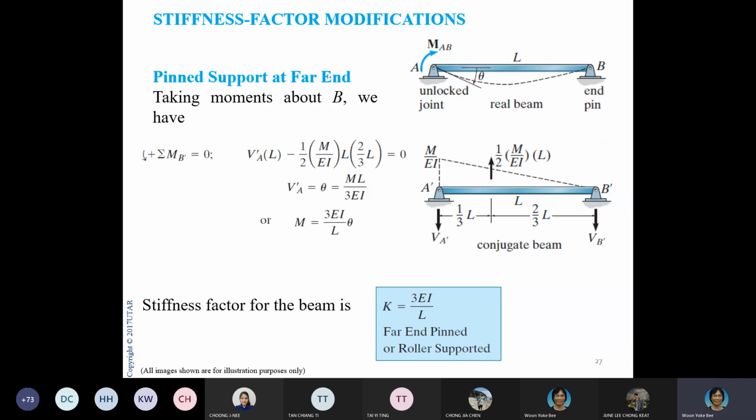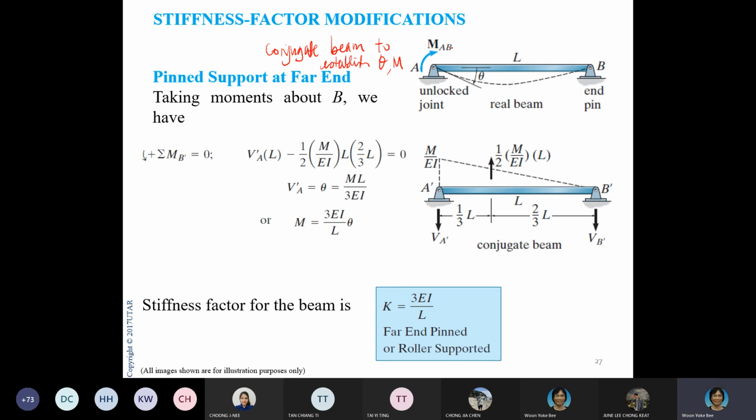So if the far end is pin, we are going to use the conjugate beam method to establish the value of theta, or the relationship between the moment and the theta.